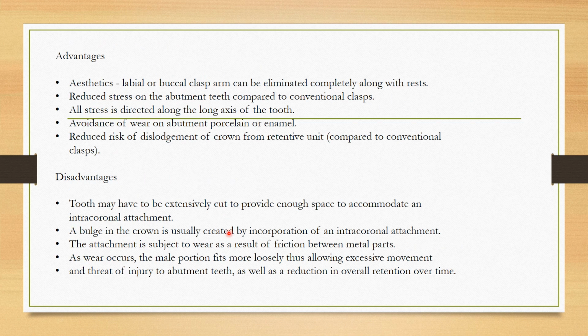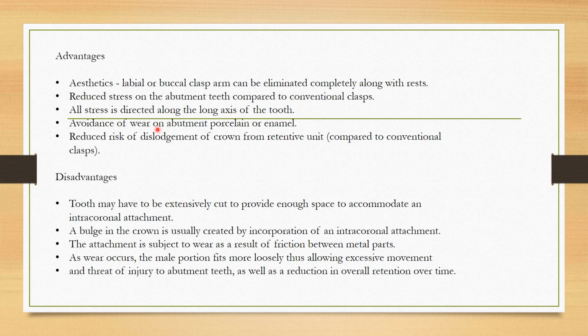Coming to the advantages and disadvantages. The advantage definitely is aesthetics. The labial or buccal clasp arm can be eliminated completely along with the rest. It reduces stress on the abutment teeth compared to a conventional clasp. All the stress is directed along the long axis of the tooth, because if you have an attachment with one end on the prosthesis and one end on the other movable portion of the prosthesis, it will all be dissipated and not be on the tooth structure.